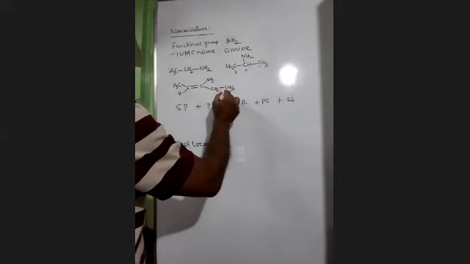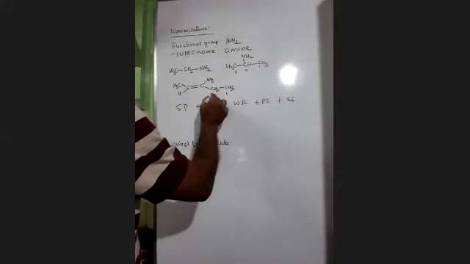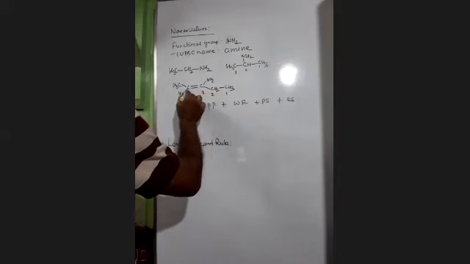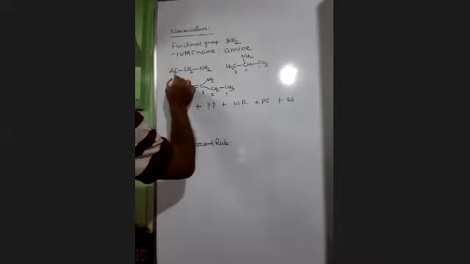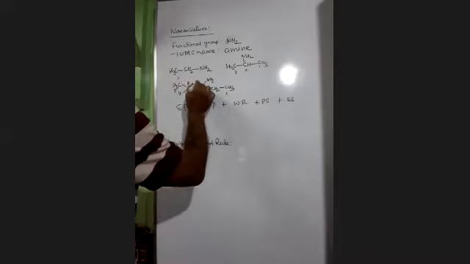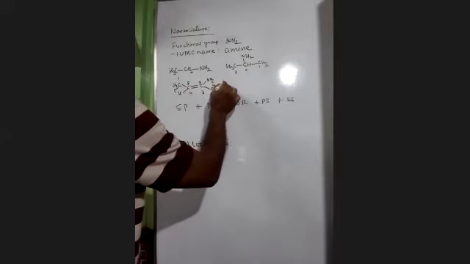See here. If I do the numbering from the right hand side, 1, 2, 3, 4, 5. And if I do it from the left hand side, 1, 2, 3, 4, 5.